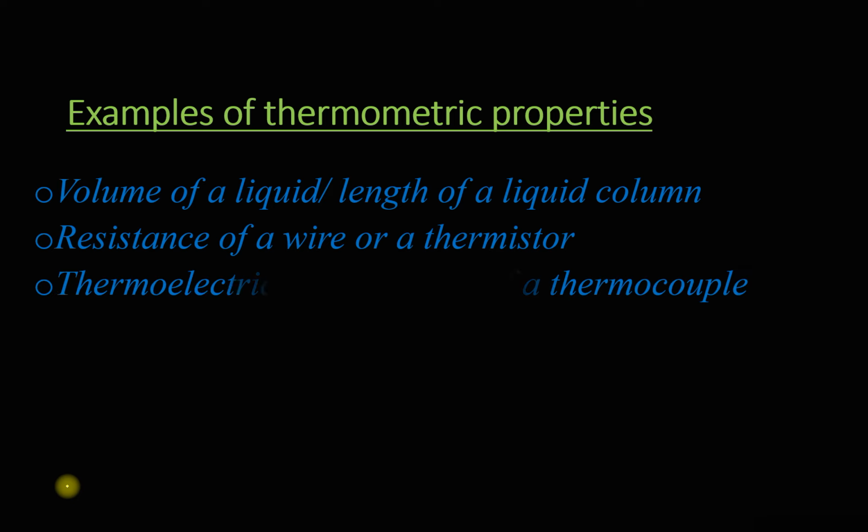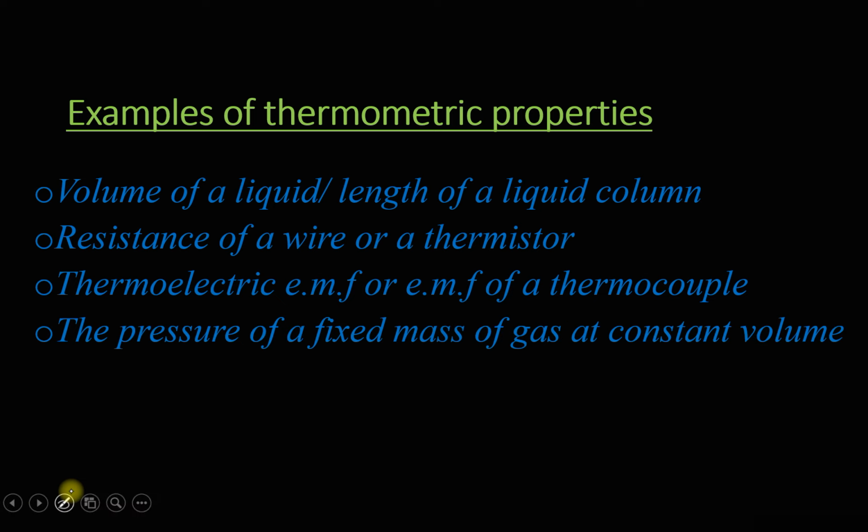Number three, we have what we call the EMF of a thermocouple. The EMF of a thermocouple, or the so-called thermoelectric EMF, changes as the temperature difference between the two junctions of a thermocouple changes. So the EMF of a thermocouple can also be used as a thermometric property.